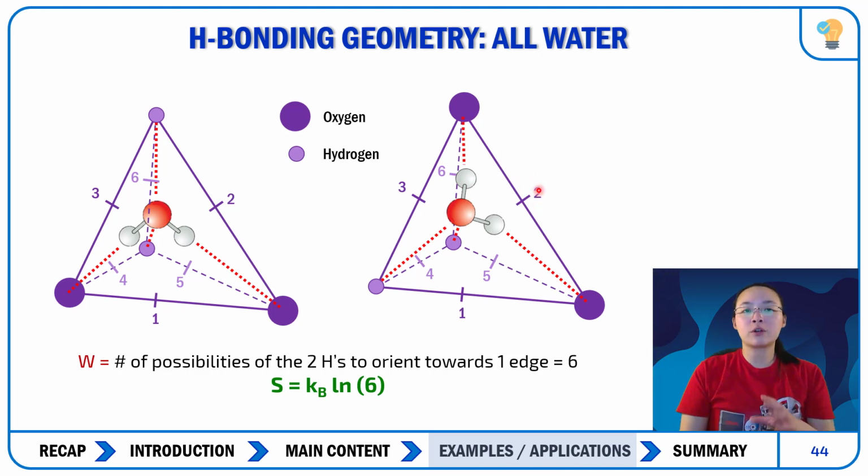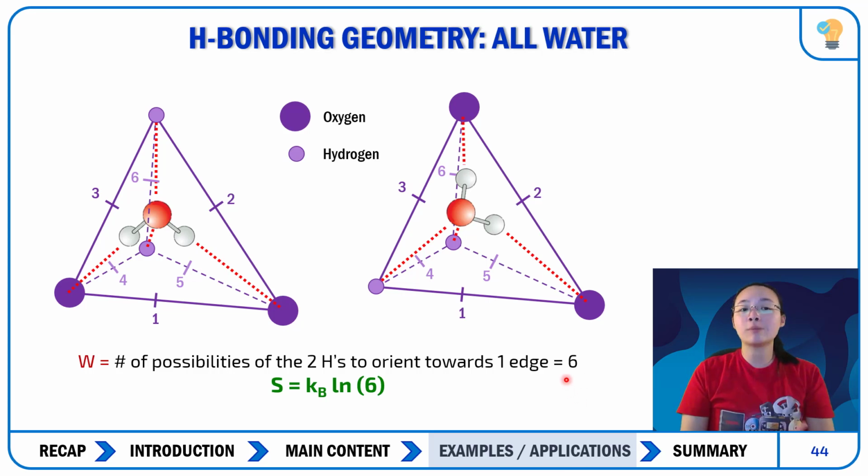So if you start reorienting the water molecule in different ways, you'll eventually find out that it doesn't really matter what direction it's facing. It'll have electrostatically favorable interactions for every single side that the 2 hydrogens are facing. So that means 1, 2, 3, 4, 5, 6 sides of the tetrahedron means 6 different possibilities for hydrogen bonding configurations of the central water molecule.